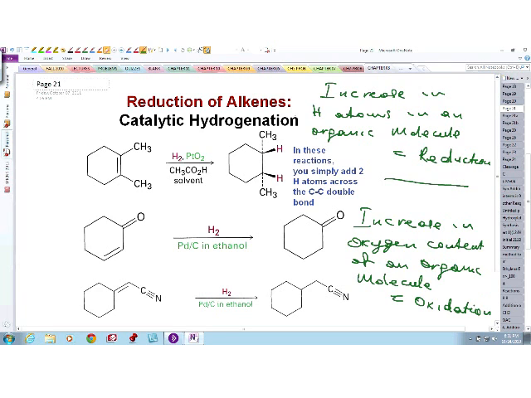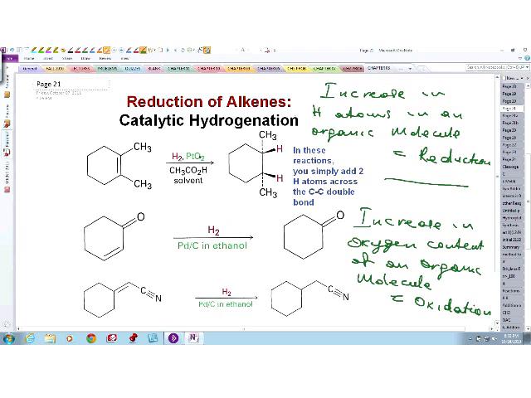Okay. Remember when we were doing the cleavage using ozonolysis, we were referring to them as oxidative cleavage because we were oxidizing those molecules. At the end, we were increasing the oxygen content of the particular carbon atoms in the molecule. Okay, anyway, so the reagent to use for this is hydrogen and some catalysts.